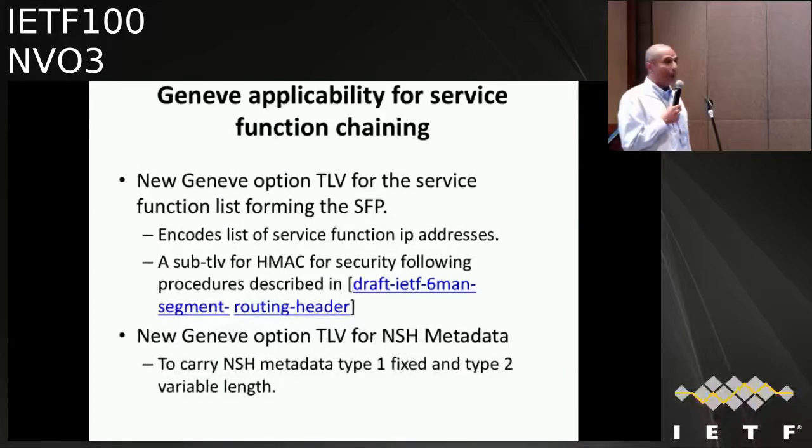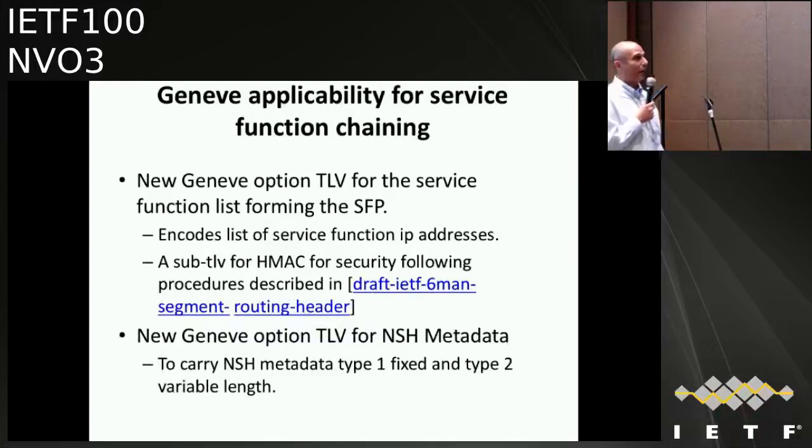So we are proposing having a source routing TLV, very similar to segment routing, consisting of a list of the service functions. We call that option a service function list. It's simply a list of IP addresses of the service functions that the packet needs to go through.